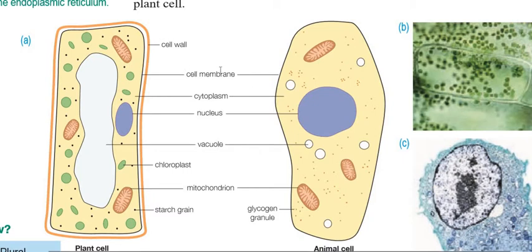Now we have the cell membrane. Now the cell membrane is actually the outer part. Saw that? And it's the second part from the cell wall for the plant cell. Now the function is that the cell membrane actually controls all particles that go in and out of the cell.